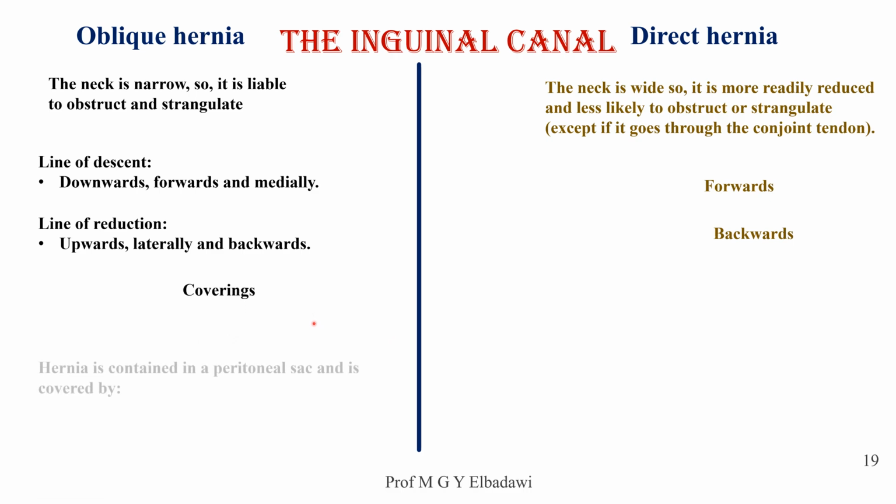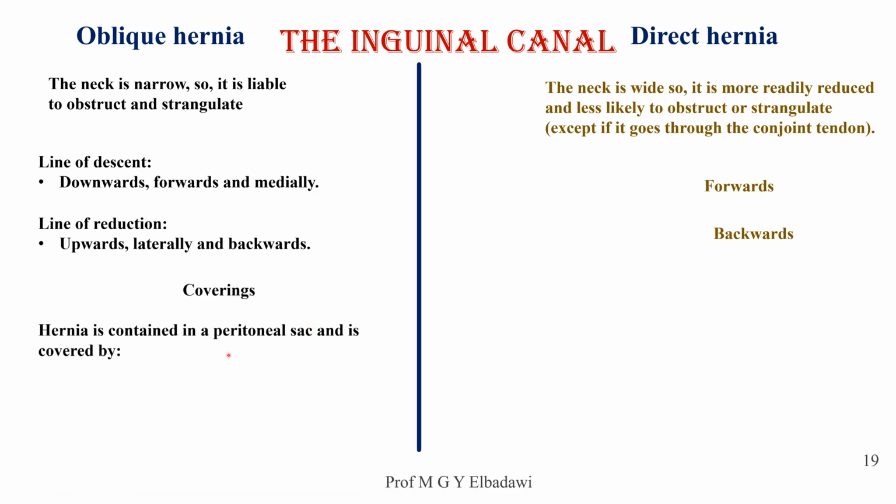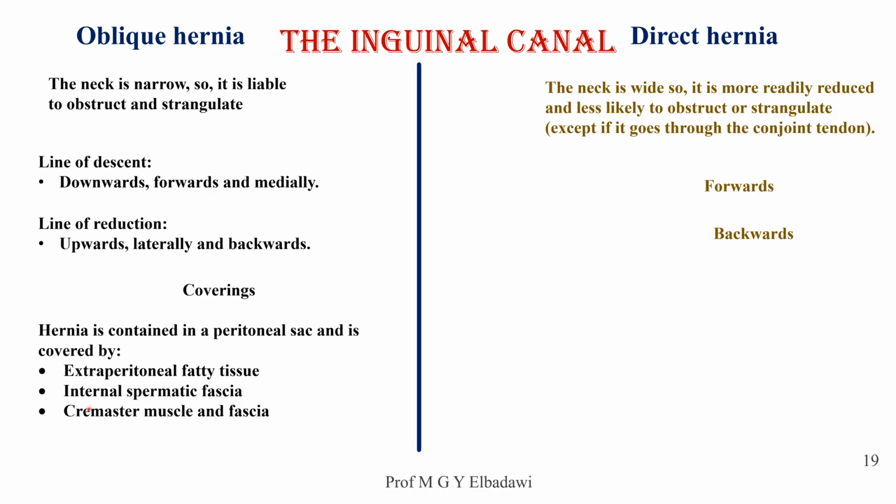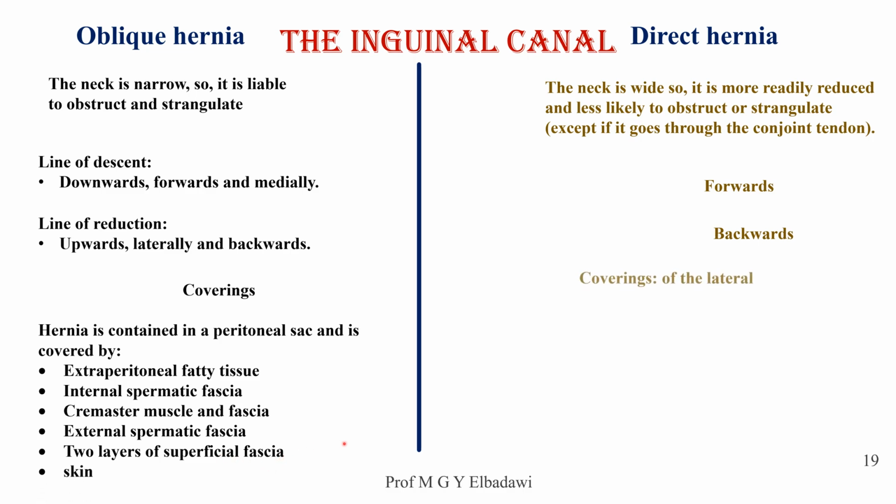The coverings of the hernia, which is contained in a peritoneal sac called the hernial sac, will be the extraperitoneal fatty tissue, the three layers of the covering of the cord, which are internal spermatic fascia, cremasteric muscle and fascia, external spermatic fascia, then the two layers of superficial fascia, and the skin.